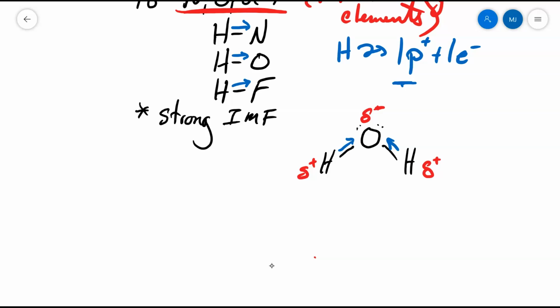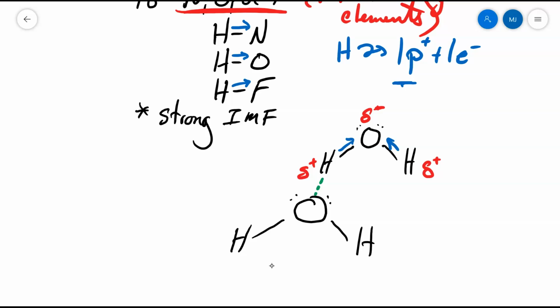The hydrogen bond intermolecular force, again, opposites attract. So right here in green, that is your hydrogen bond intermolecular force. The force created between the molecules because of this strong dipole.